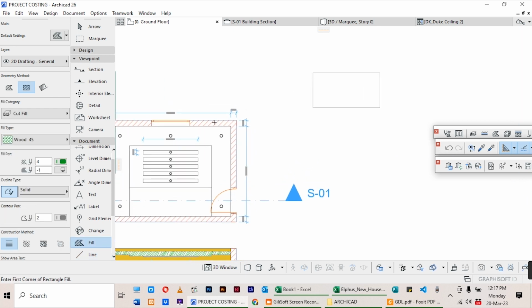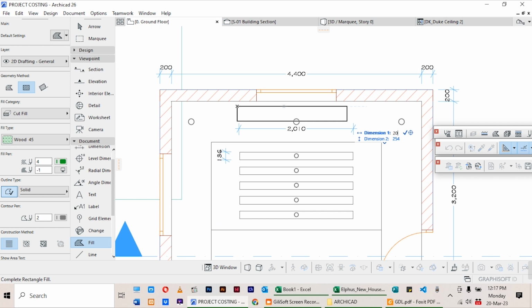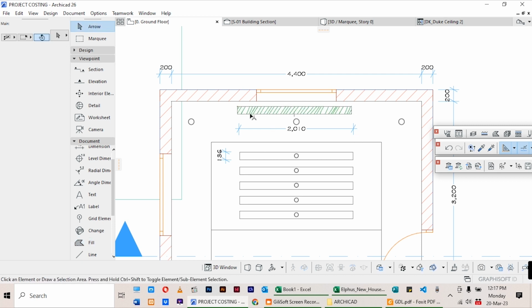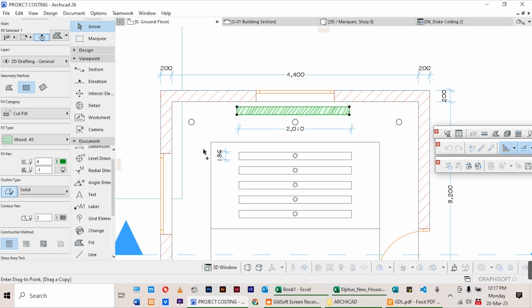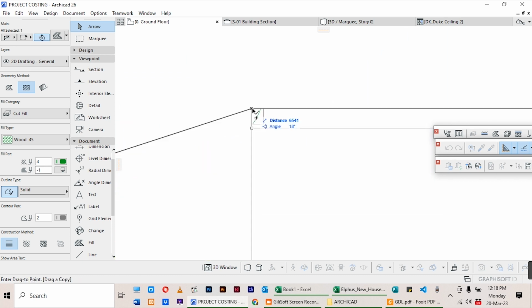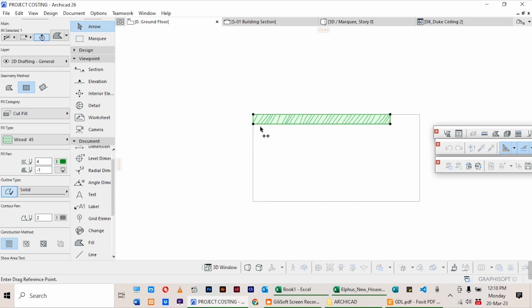Each part is 2010 by 136. That's each part. So this is the bottom part. We need how many bottoms? 1, 2, 3, 4, 5. Copy this, put it there 5 times.